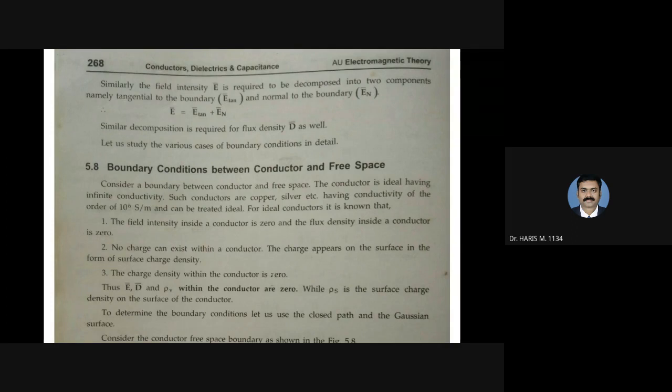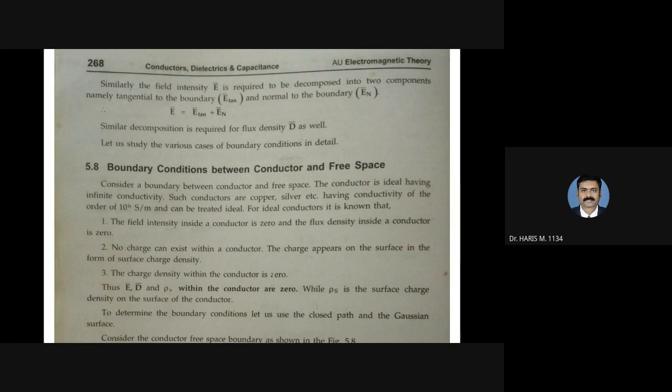Normally it will be resolved in the case of velocity. You might be writing it as u cos theta and u sin theta. The same way for the electric field also, there will be two components. One component will be along the tangential direction, and the other component will be along the normal direction.